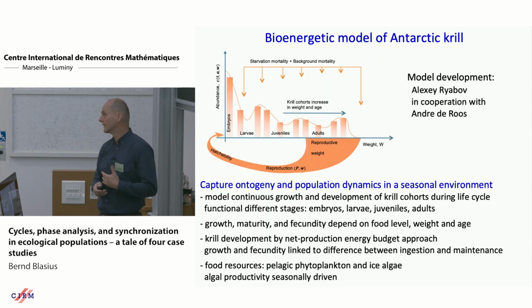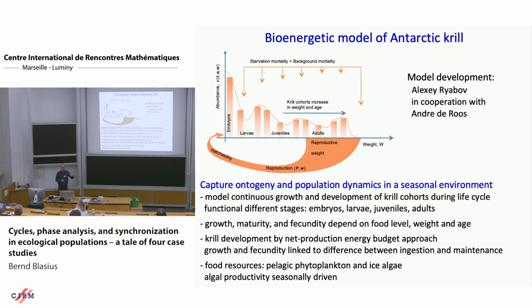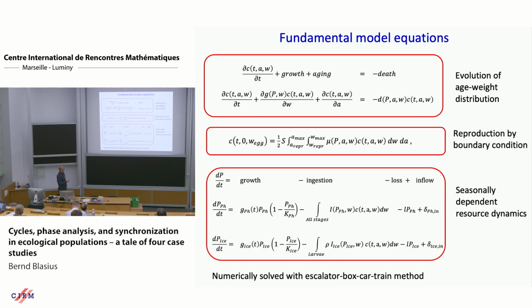And then we again took a model where we try to get the size distribution, age distribution of the system, very similar. I don't want to go into all the details, but maybe just show you we have again this PDE. Now we have age and weight, age and size, because this is not really coupled in the krill, because sometimes in winter they get older, but the size gets smaller because they live in winter from their fat reserves.